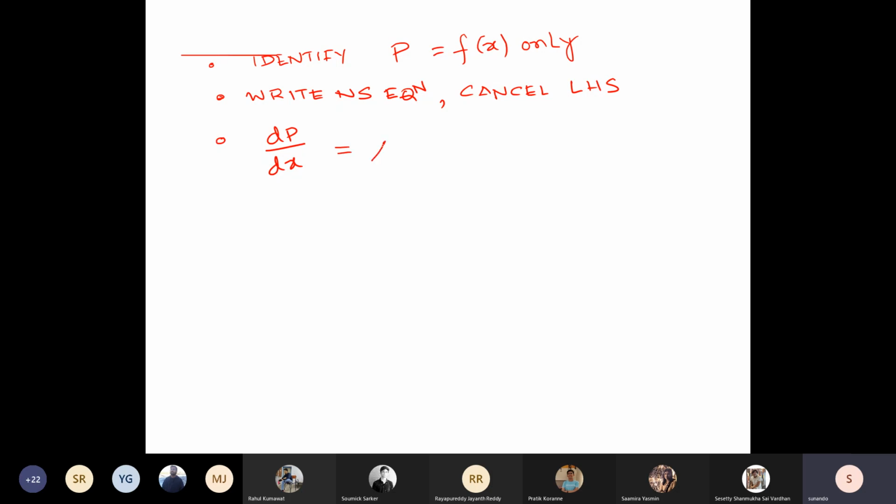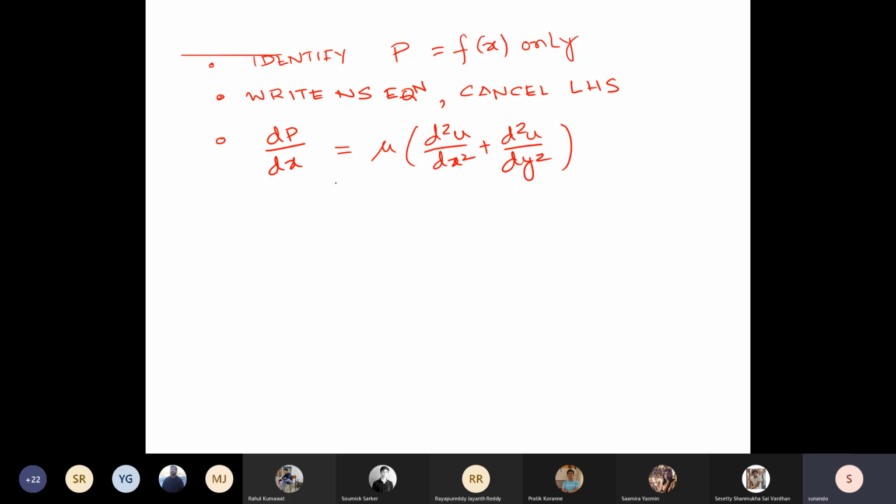The right-hand side is simply going to be mu times d2u/dx2 plus d2u/dy2.